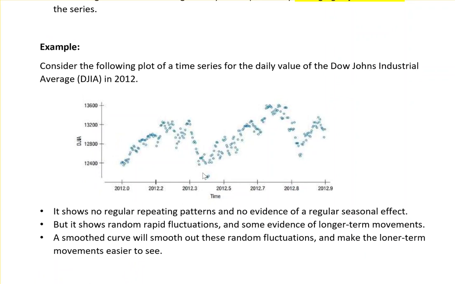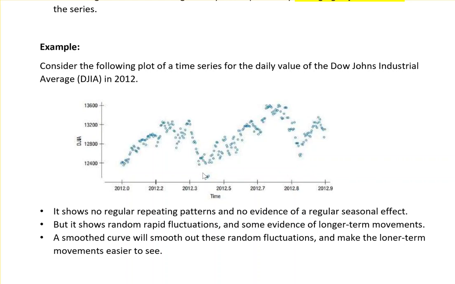This example is the plot of a time series for the daily value of the DJIA in 2012. From this time series, is there any repeating pattern for a seasonal effect? I think it is no. There's no stable pattern for each season, and there's also no evidence for a trend component, because overall it is not increasing or decreasing.